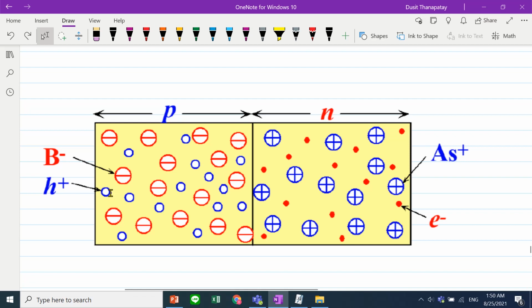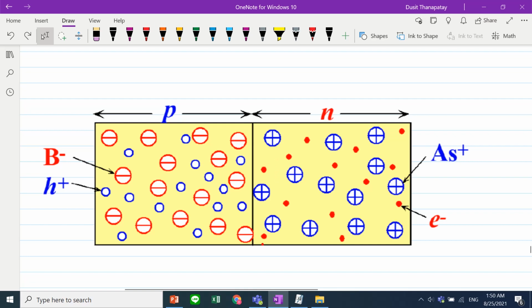Okay, now what happened after you connect, or make contact between, the N and P-type semiconductors? Now let's consider the number of free electrons. The red dot is an electron.